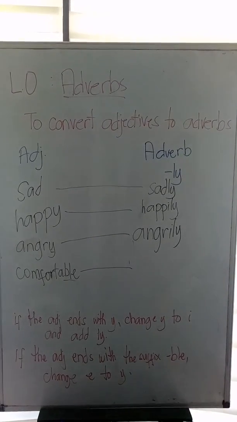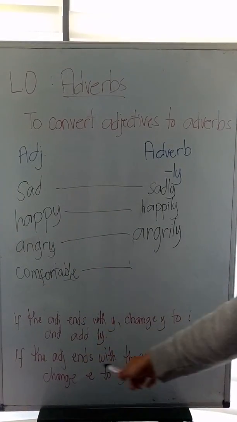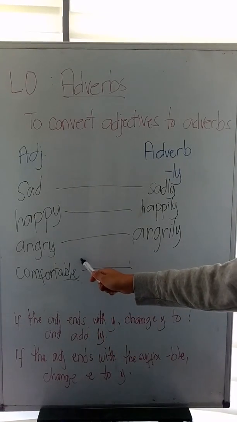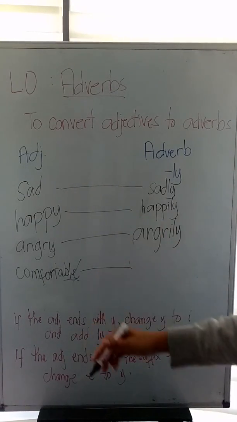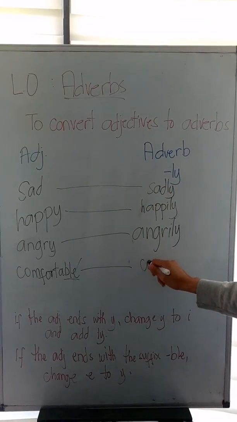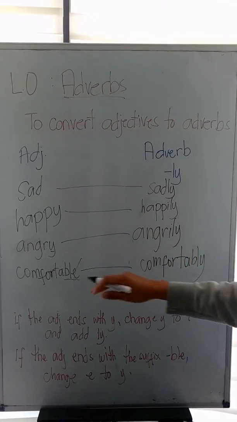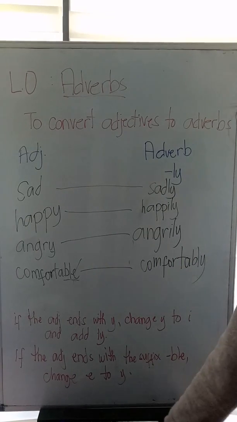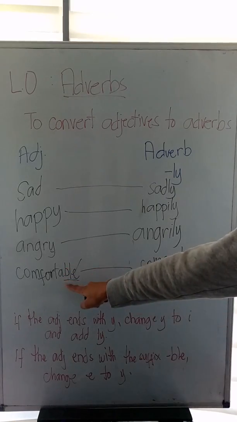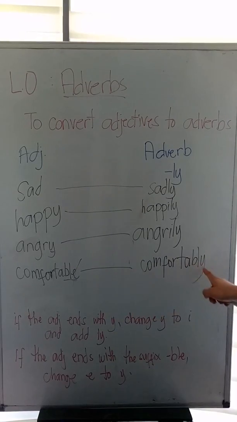Okay, so if the adjective ends with the suffix ble, change e to y. So in this case, we have the suffix ble, so you just have to change e to y. So comfortable, to convert it to adverb, it's going to be comfortably. So simple as that. So you just have to remember those rules.